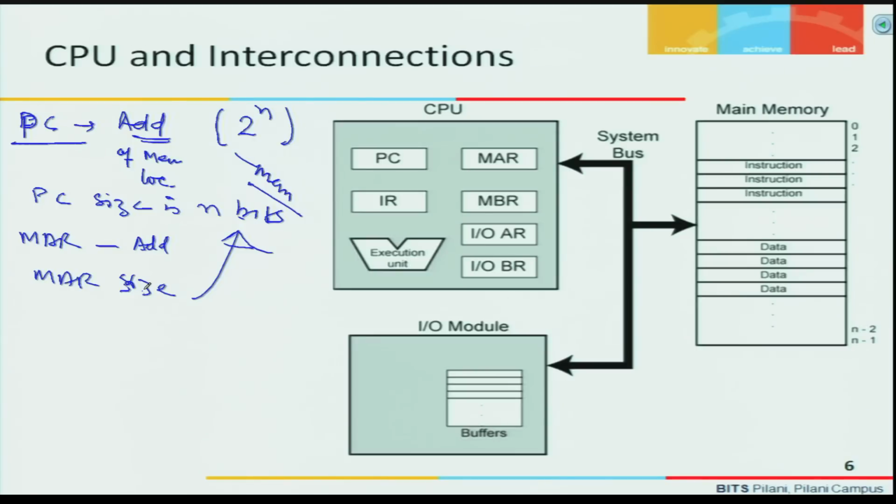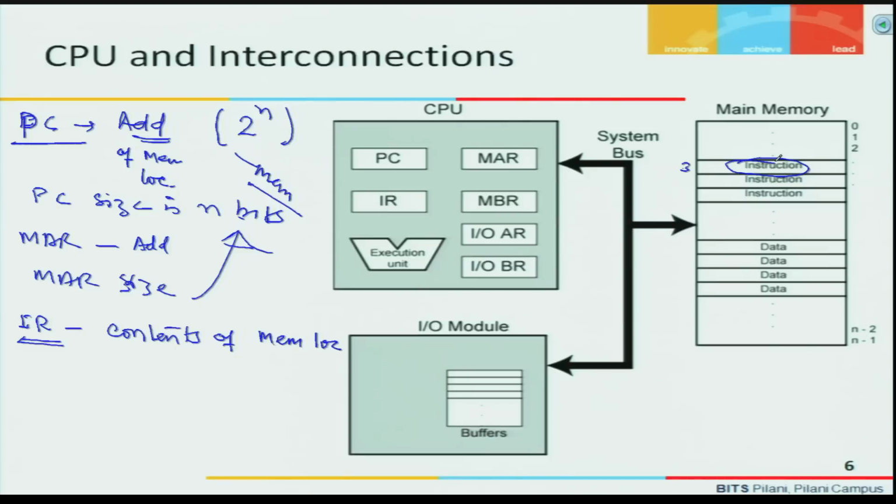Now IR is the instruction register, meaning the contents of a memory location are stored in the IR. My instruction can be stored, let us say, at location number 3 (locations 0, 1, 2, 3), and this is the instruction to be fetched.